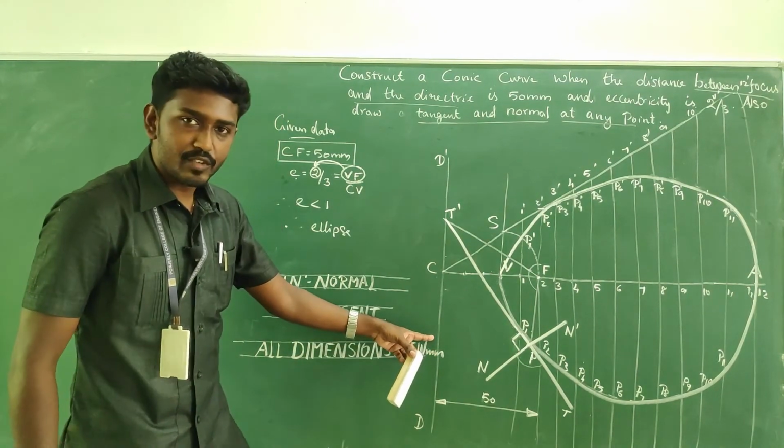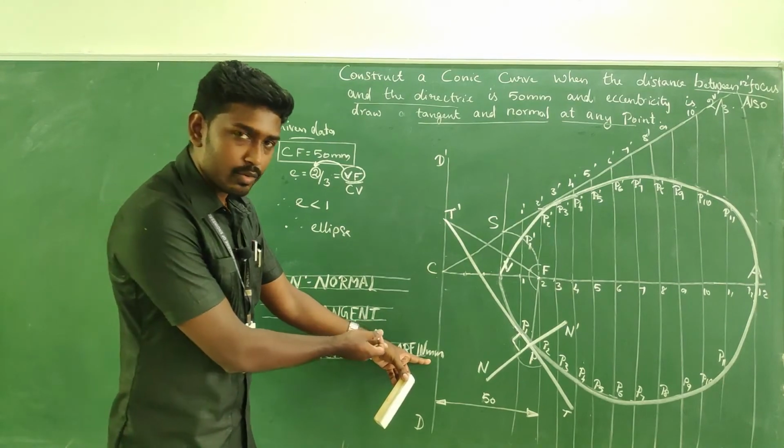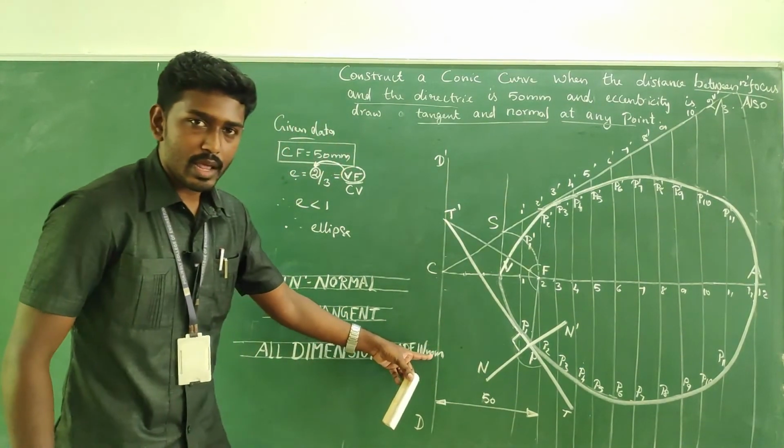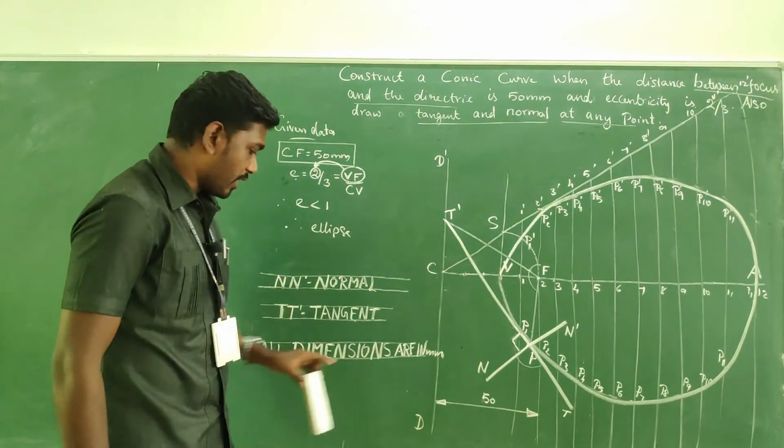It should not intersect with your profile. You have to remember that. Here I have no space, so I have written like this. It should not intersect with your profile, right? mm should be a small letter.